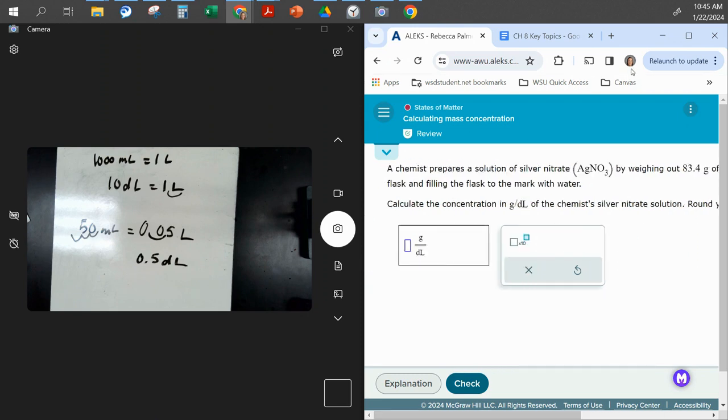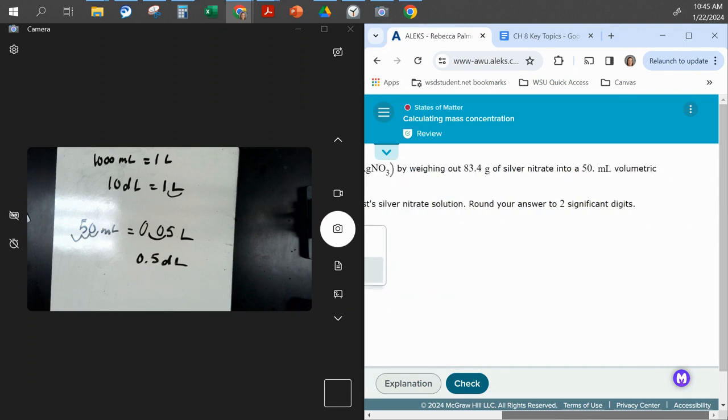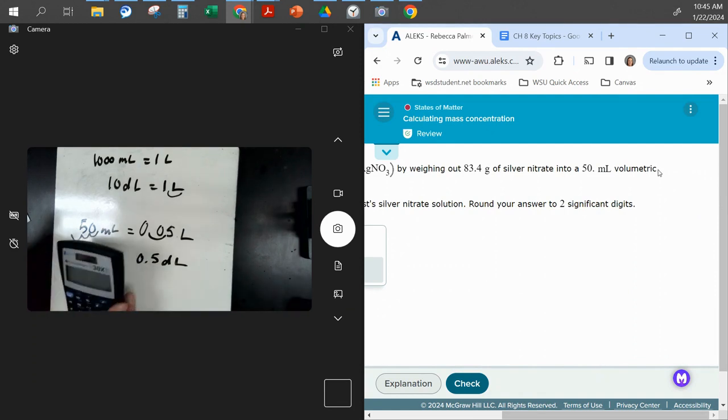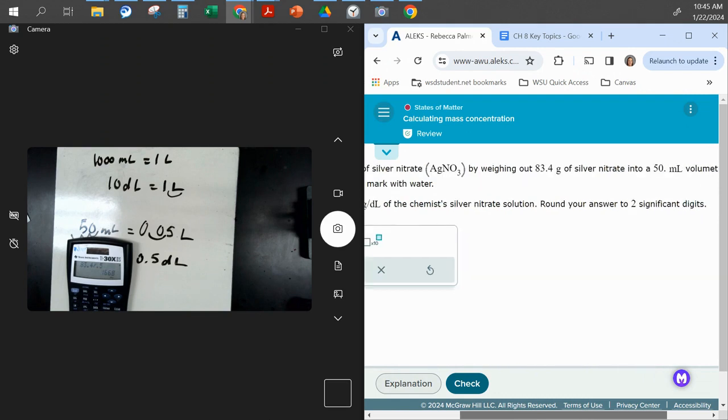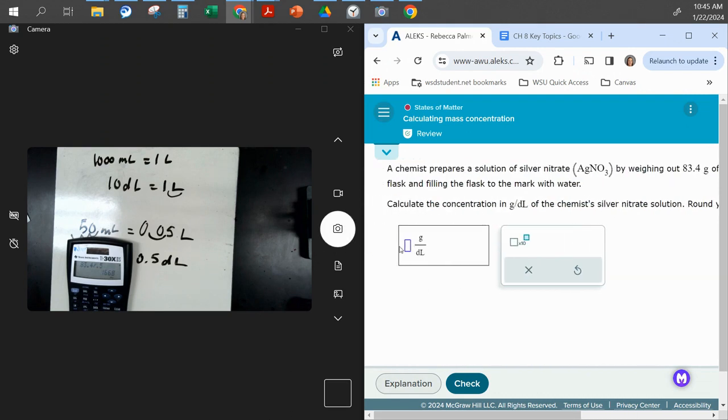And I know that because they told me in the equation, but if you look in your box, they're asking for grams per deciliter. So let's find our calculator. Oh, I can type this in on my calculator. Okay, let's see if we got the right answer. And let's see, this has 3, this has 2, so I can only keep 2 sig figs. And then it's 170.